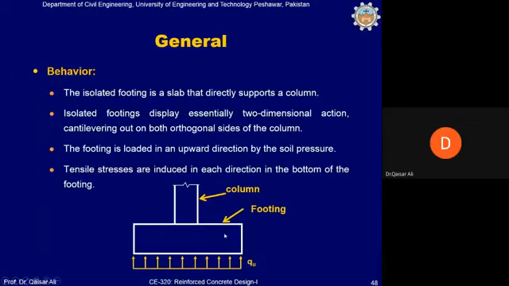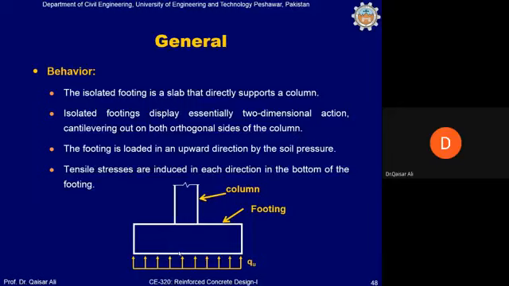So along the short direction, when the soil exerts pressure on the wall footing, there is bending, which causes tensile stresses in the lower part of the footing and compressive stresses in the top side, and then we design it so that we place reinforcement on the bottom side of the wall footing.